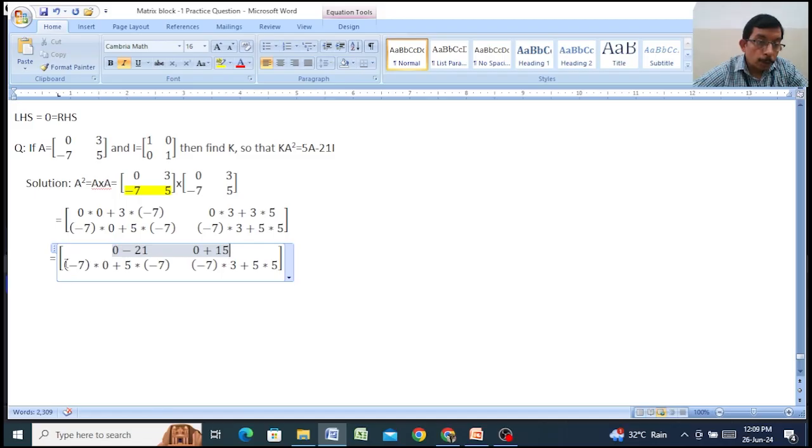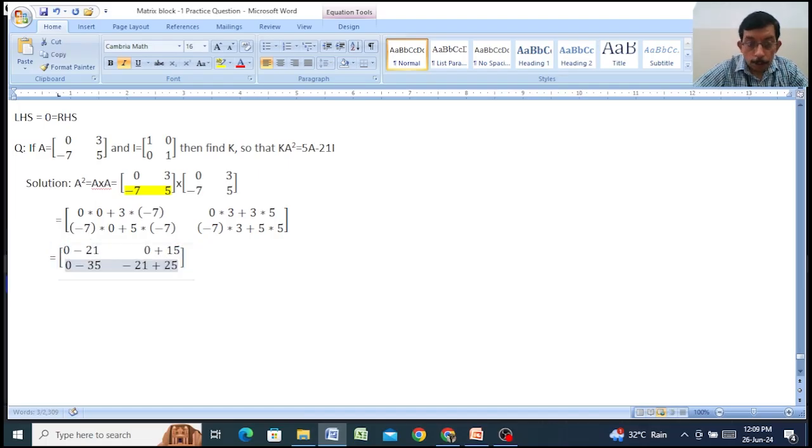Minus 7 into 0, 0. Note down the same position. 5 times minus 7 is minus 35. Note down minus 35 in the same position. Minus 7 times 3 is minus 21. Note down the same position. 5 times 5 is 25. Note down 25 in the same position.